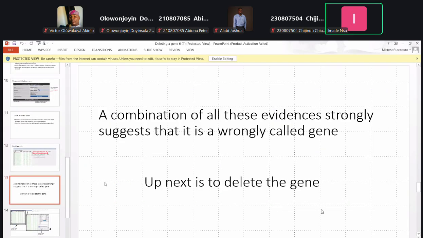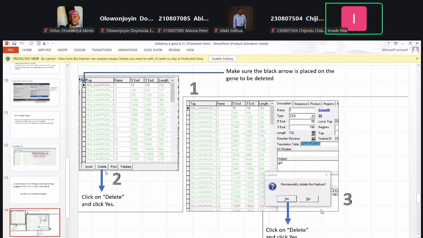So what you do is you click on the gene, see this arrow, and then you click delete. It will ask you, do you want to permanently delete this feature? You will say yes. And then it's going to delete the gene.